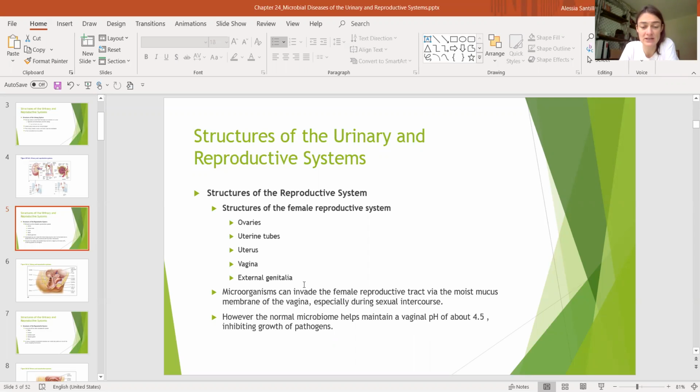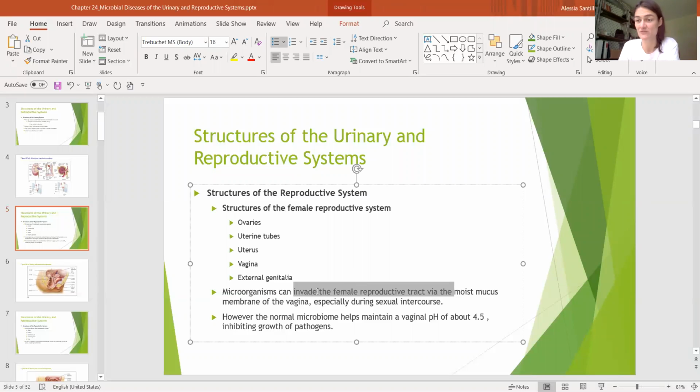Of course, microorganisms can invade the female reproductive tract via the moist mucous membrane of the vagina. The vaginal mucous membrane provides a fantastic environment for certain bacteria, and especially during sexual intercourse, a lot of this bacteria can wedge itself in there. However, because of the normal microbiome in our vaginal tract, we have a defense mechanism already in place against invading, unwanted, inhospitable bacteria.